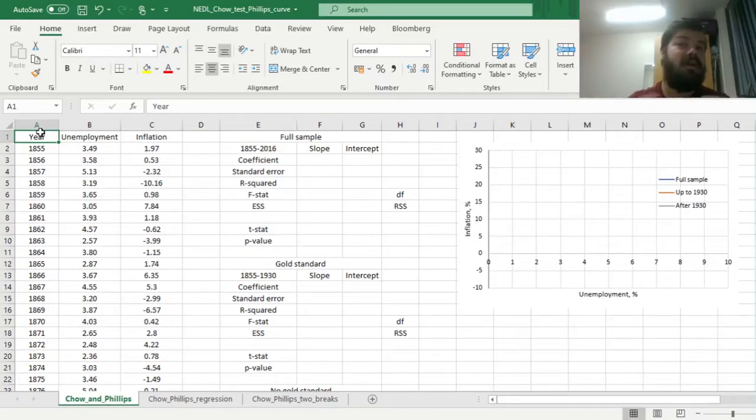Maybe it has never even existed, and it was just an artifact of statistical data mining. And maybe it has broken down at some point during the 20th century. Why might it have been the case? Is this simplistic inverse relationship between inflation and unemployment still relevant in 2020?